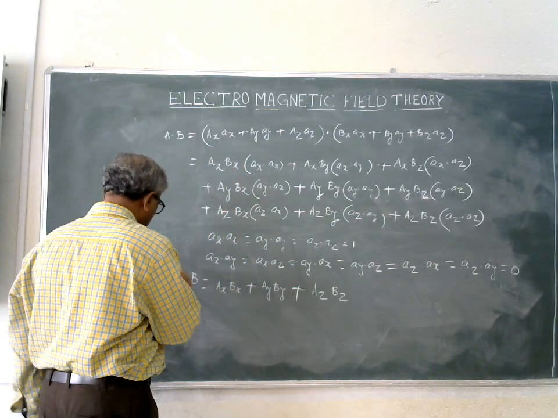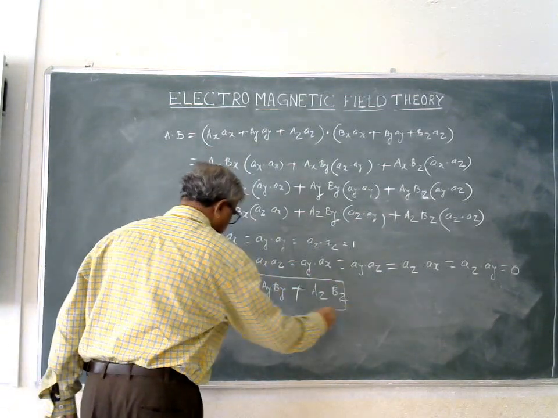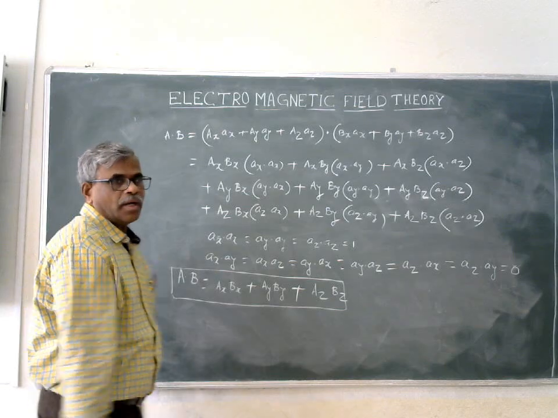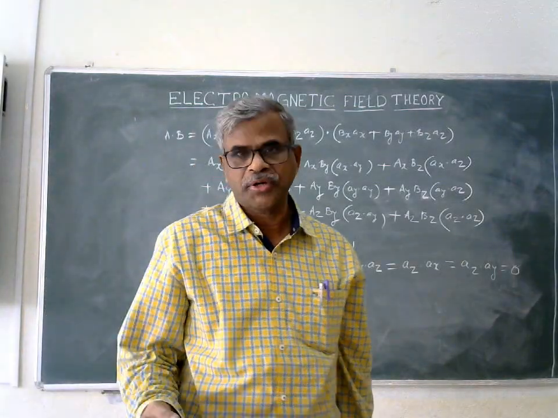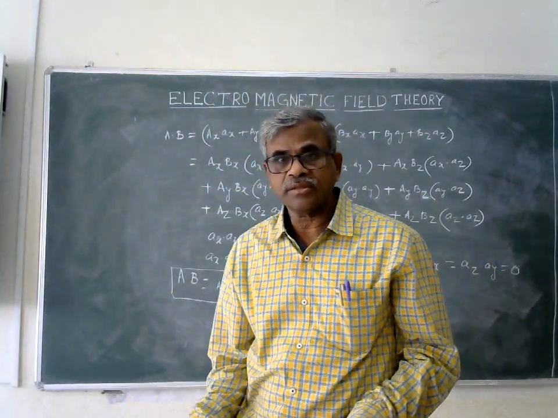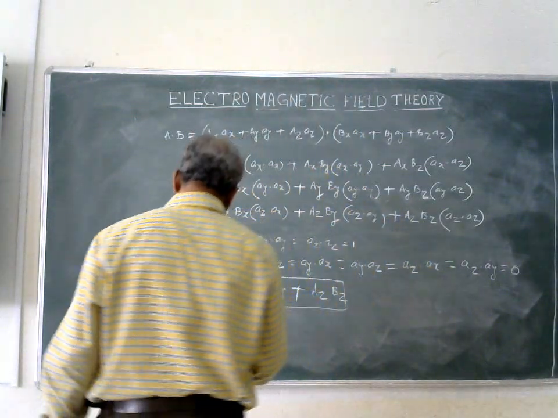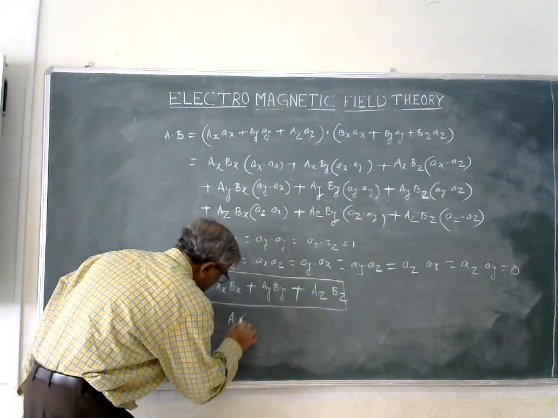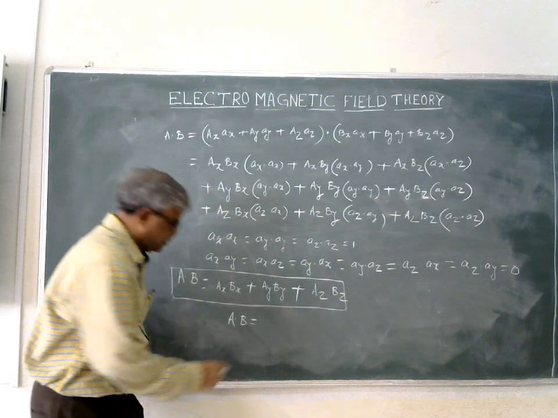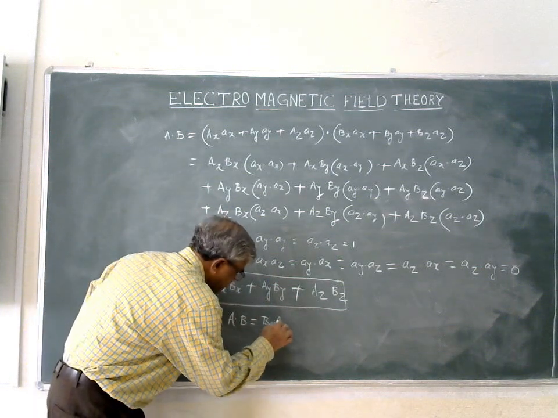This is the value of A dot B. And dot product obeys the commutative law because it has no direction. So A dot B is equal to B dot A.